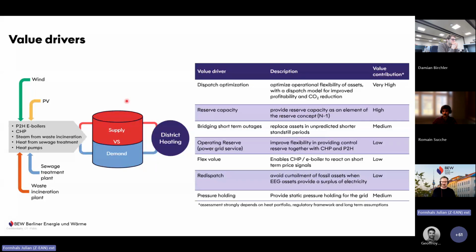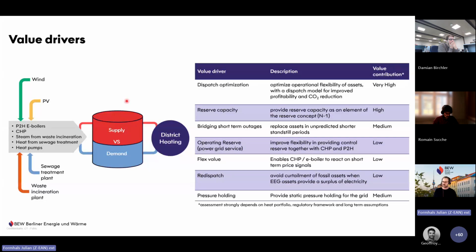So the main value drivers, as we see it, I mean, it's very subjective and depends very much on the system which is connected to the storage, but obviously the highest value is by dispatch optimization, to optimize the operation of your generation units, give them flexibility and the ability to react to market prices, and decoupling from the actual district heating demand, which has to be supplied at any given moment.